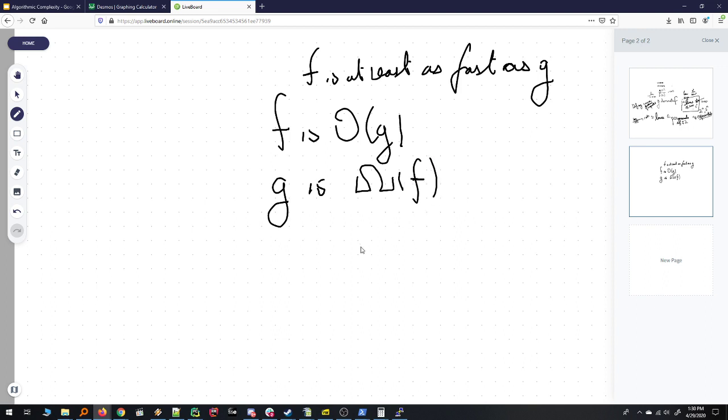And the reason why is because eventually g is going to be bigger than or equal to f, which is the definition of big omega. So big O is the upper bound, and big omega is the lower bound. All right. Cool. Cool. Cool. That's very cool.